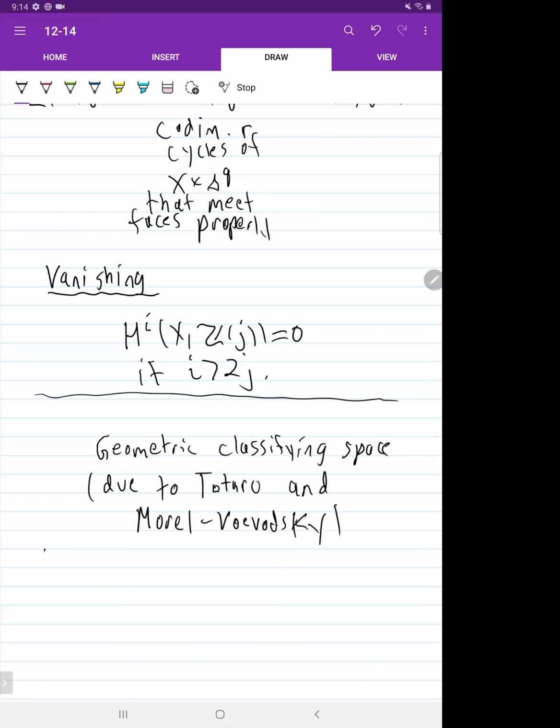So take G over F, where F is a field, to be a flat affine group scheme of finite type.